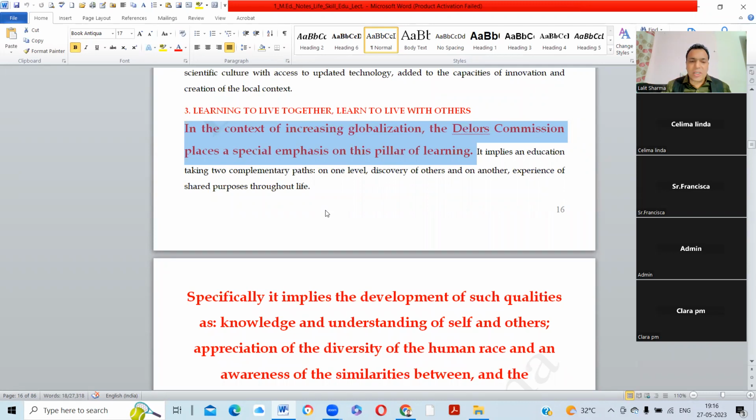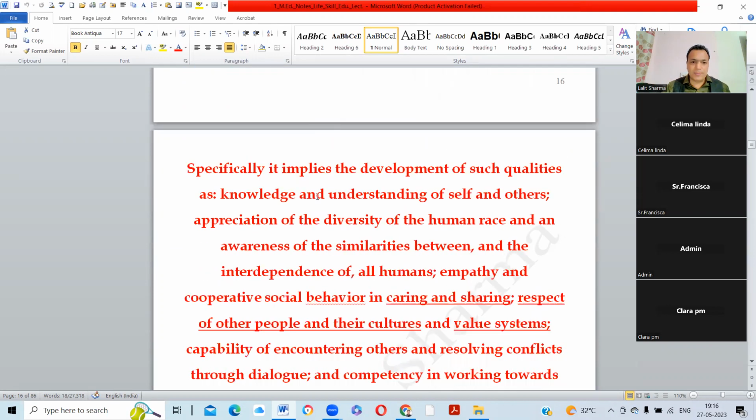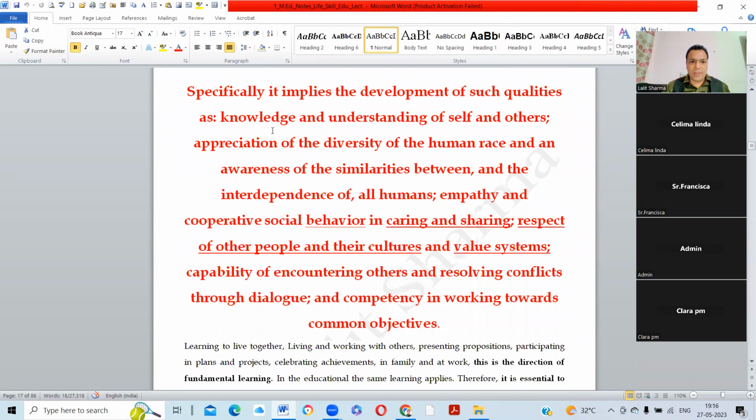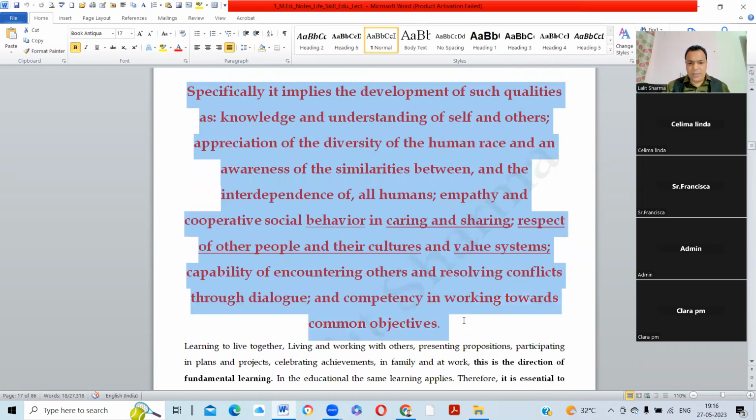It implies an education taking two complementary paths: one is the discovery of others, and the other is experiencing shared purpose throughout life. Okay, we discuss this paragraph. This is important. You will come to know about the third skill, learning to live together.